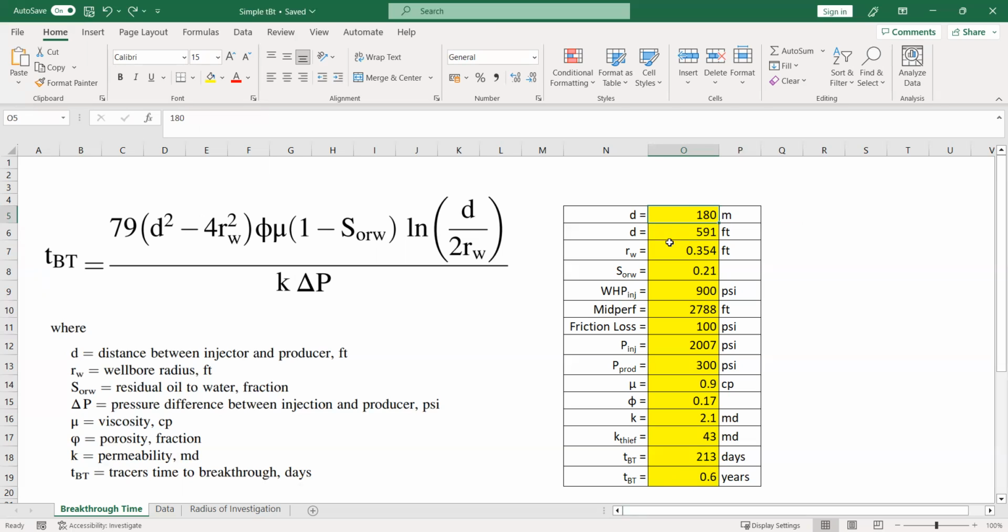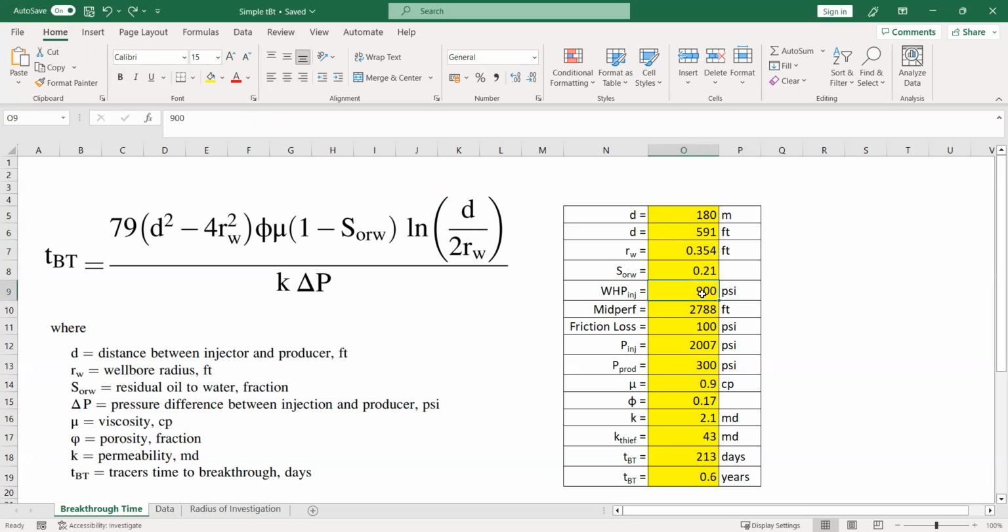All right. And then let's say my wellbore radius is 0.354 in feet. And I check the core analysis report and the residual oil saturation is 0.21. And now let's deal with the delta P. First, we deal with the injector. Most of the time, the data that we have is the wellhead pressure for the injector.